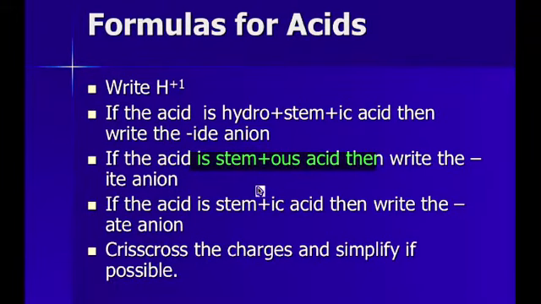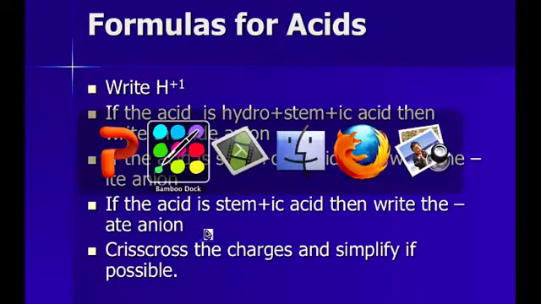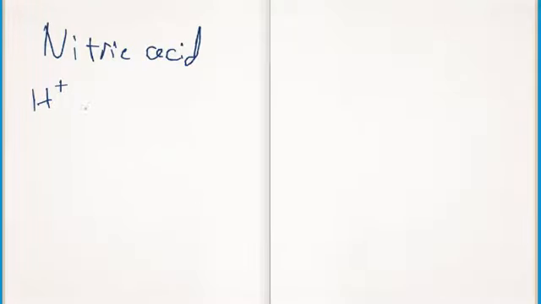No, it's not nitrous acid. This is the case where it's stem plus ic, nitric acid. So we want to find the ate ion. It's nitric, so we want the nitrate ion. Look at your list of polyatomic ions, or by now you should have memorized them. Nitrate is NO3 with a -1 charge. So that's HNO3.